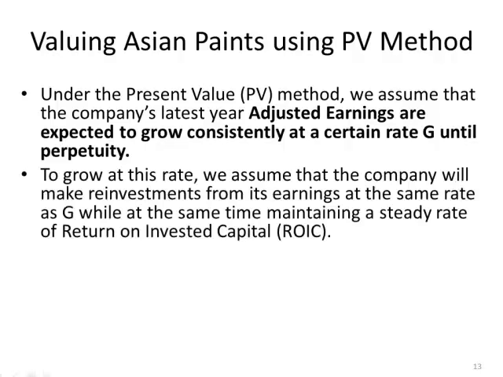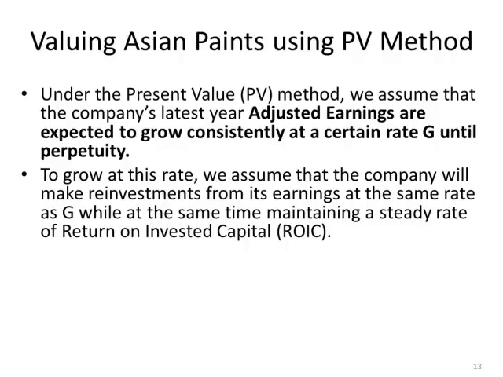To grow at this rate, we assume that the company will make reinvestments from its earnings at the same rate as G, while at the same time maintaining a steady rate of return on invested capital. So we assume the return on invested capital stays the same into the indefinite future. And the company's reinvestments will also grow at the rate G. This makes sense.